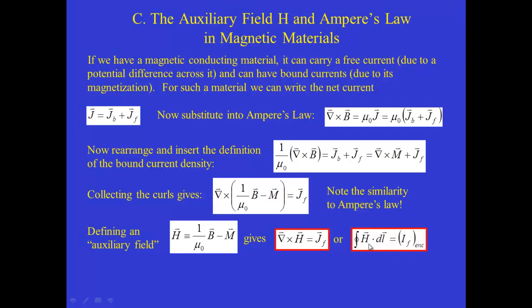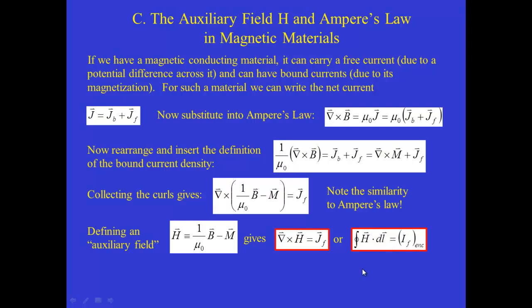So remember, the integral form of Ampere's law in a vacuum was just the integral around a closed loop of B dot dl was equal to mu naught times the enclosed current. But that enclosed current consisted of both bound currents and free currents. Here we've got an expression for the integral of H dot dl, and it's only equal to the enclosed free current.